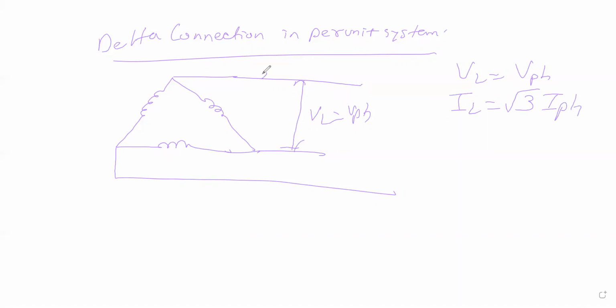That means this IL would not be equal to this IPH. This is what we're going to see. We'll see impedance and power as well in this delta connection.